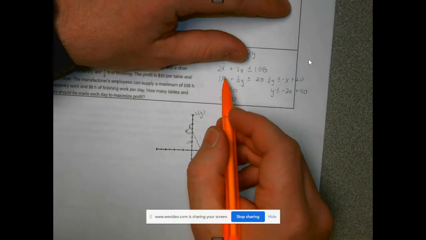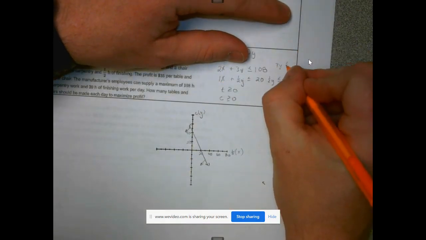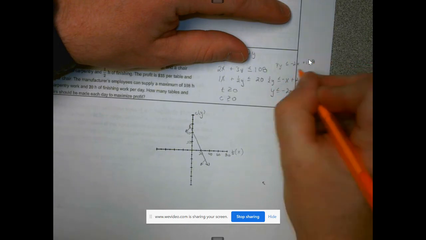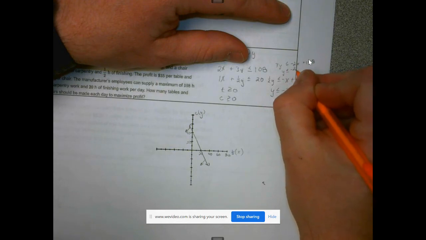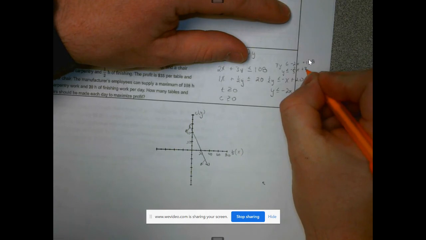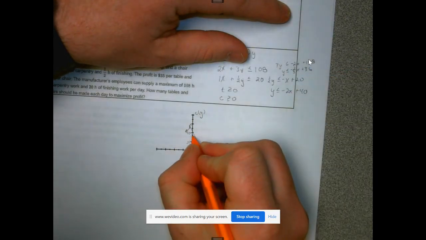Okay, this one, we're going to subtract the 2x, so 3y less than or equal to negative 2x plus 108. Divide everything by 3, so y is less than or equal to negative 2/3 x plus 36, since 108 divided by 3 is 36. So this is 20, 30, and about 36 there.